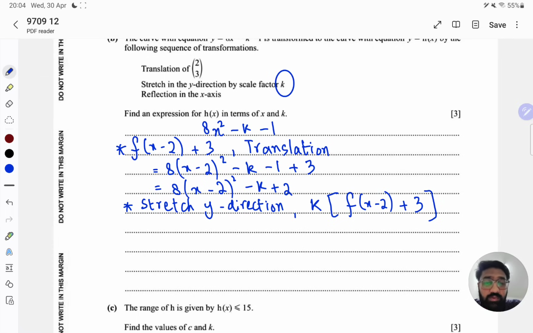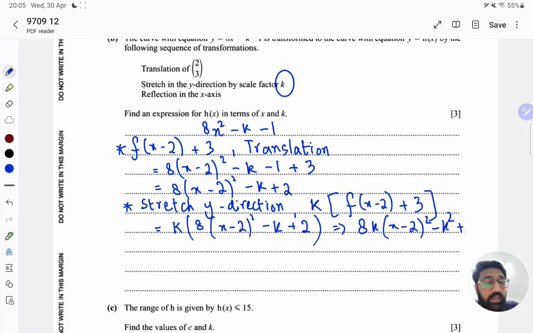This is what we need to do. We just need to multiply the previous function that we found with k. So it will be k(8(x − 2)² − k + 2). If we simplify, it will be 8k(x − 2)² − k² + 2k.